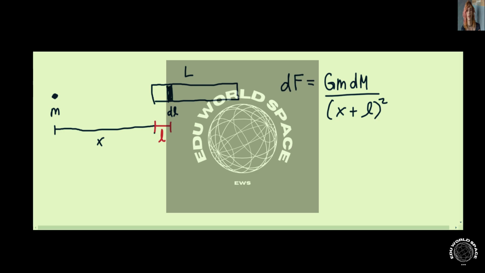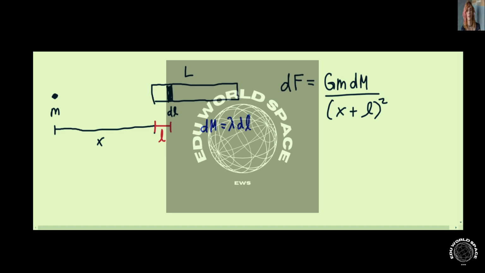So this is a formula for dF. In order to be able to integrate this formula, we do need to get it in terms of one variable, because right now we have two variables, m and l. So what we can do is change dm into the linear density of the rod, lambda, times dl.